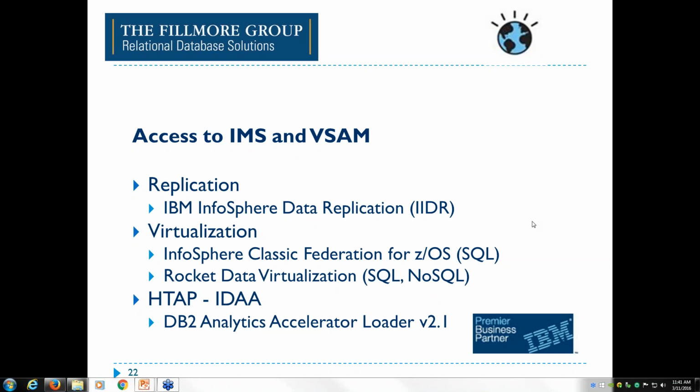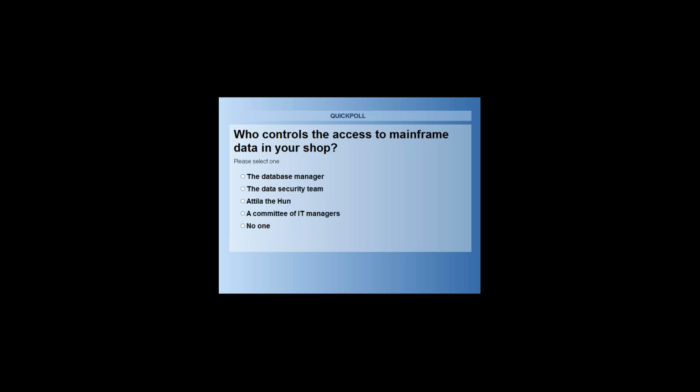It says, equally important to knowing what data you have is who controls the access to it. Who controls the access to the mainframe data in your shop, whether it's IMS, VSAM, DB2, any of the above? I'm going to launch that poll, and if you could take a second.